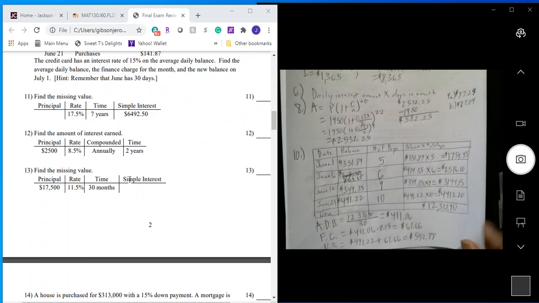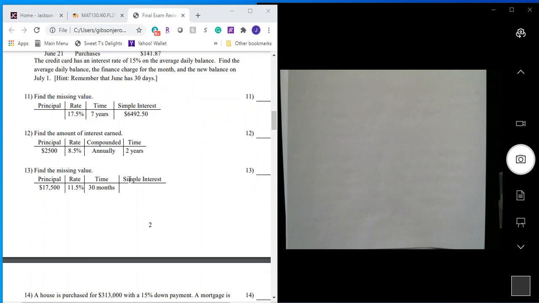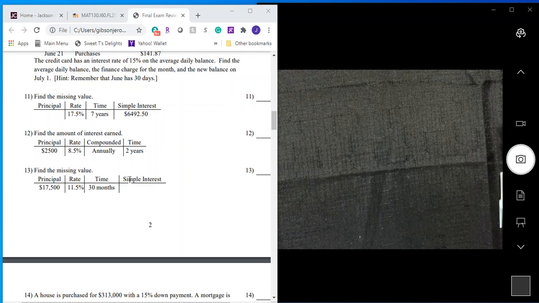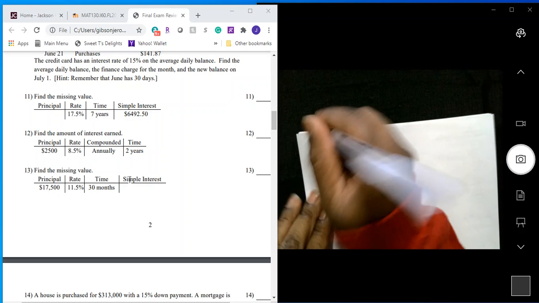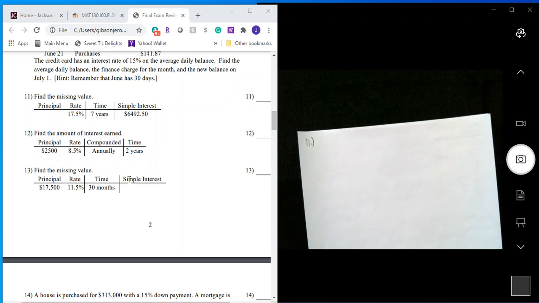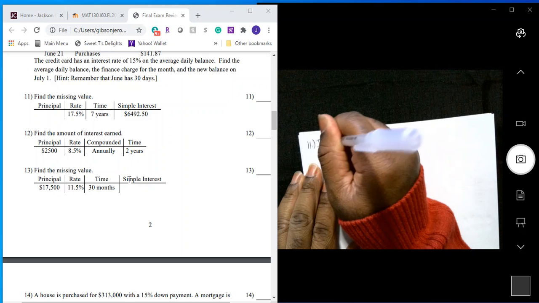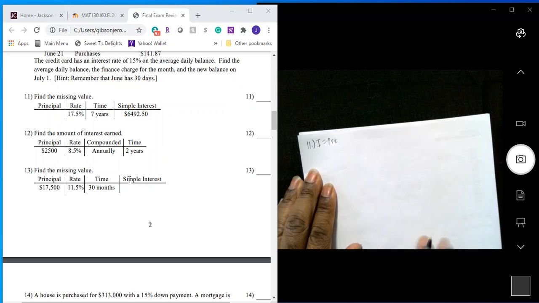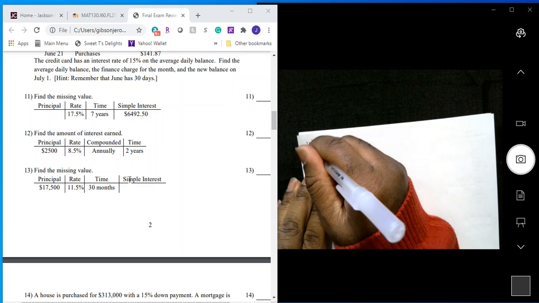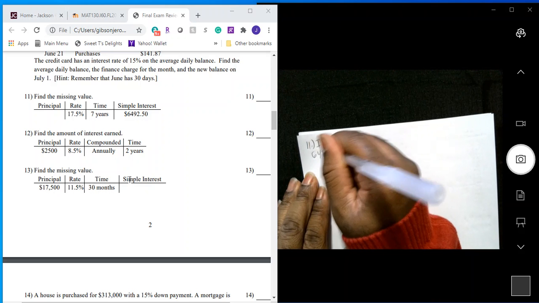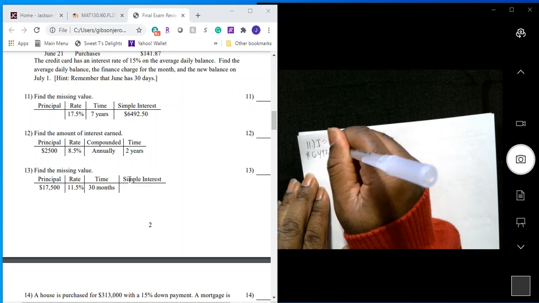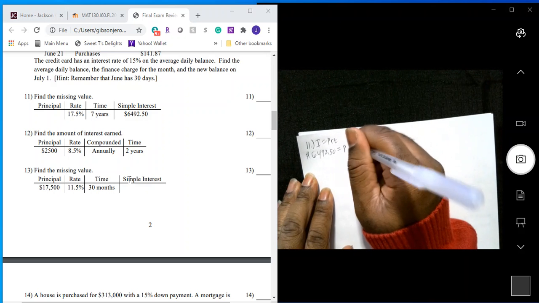Now we move on here to problem number 11. Problem 11 states find the missing value. If you notice here, it's a simple interest problem and we're missing the principal. So simple interest is equal to principal times rate times time. So our interest here is $6,492.50. We don't know what the principal is.